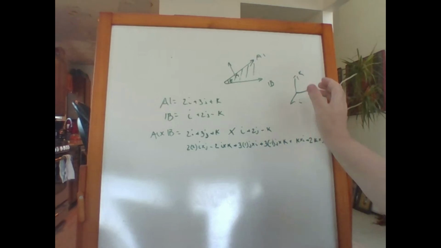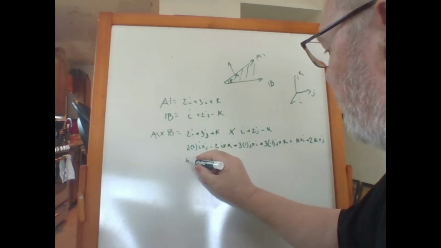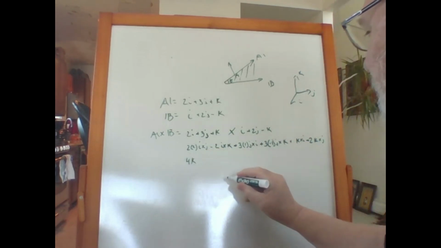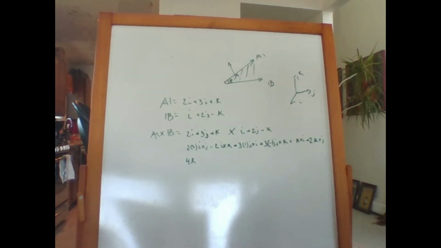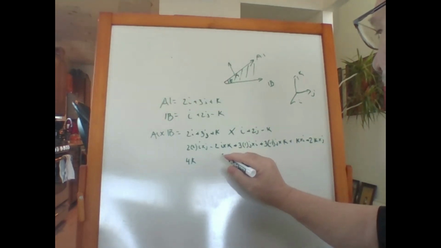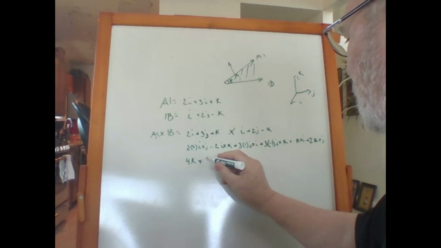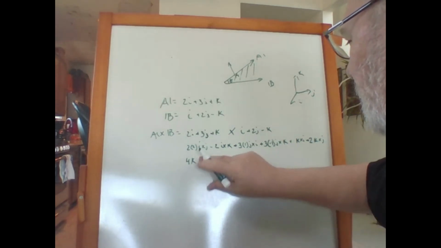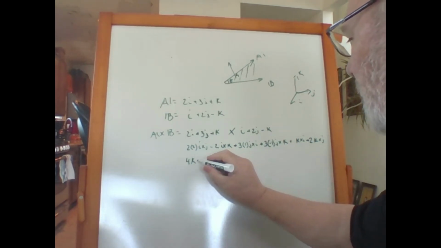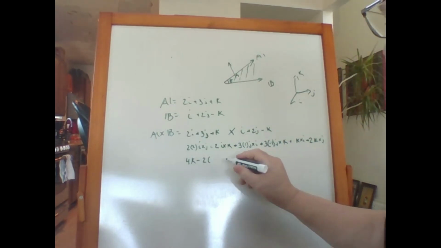Okay, i cross j is k, so that's 4k. i cross k is minus j, but that's a minus, so that's plus. Well, we'll just see how it can get complicated. Minus 2 times minus j.